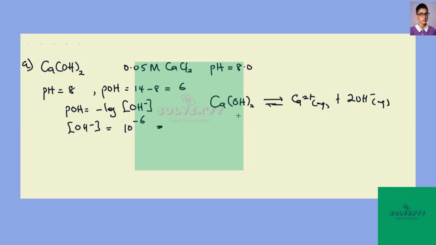When you have calcium chloride, it produces calcium 2 plus and 2 Cl minus, and the concentration of calcium will be 0.05 molar, right?